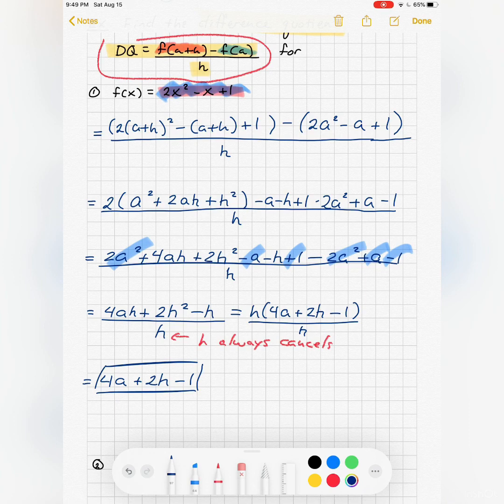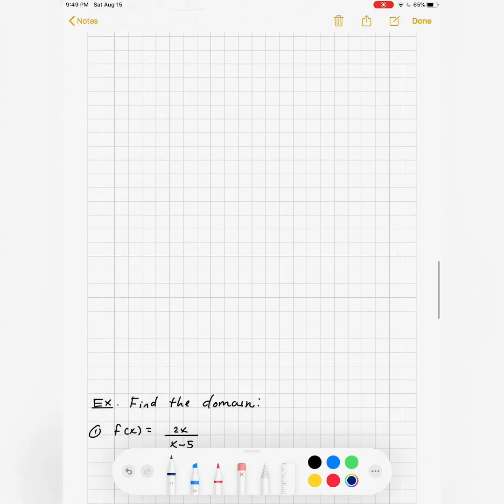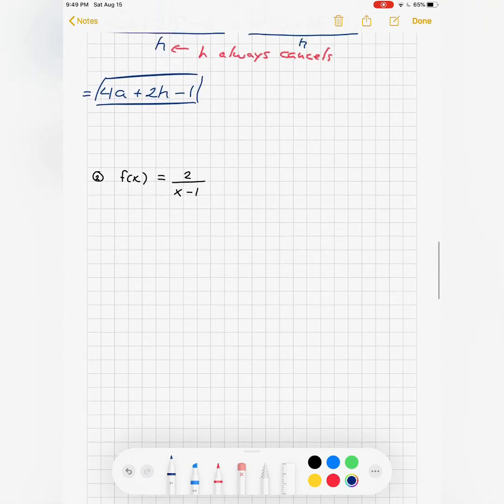Like I said, we're going to talk at the end of the class about why this difference quotient is important. For now, it's just a matter of doing the arithmetic, the algebra.